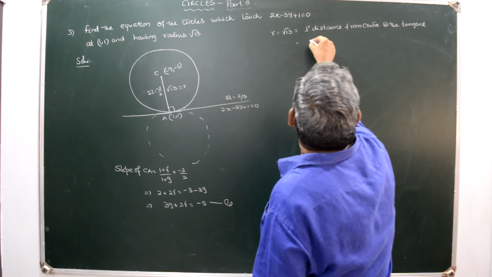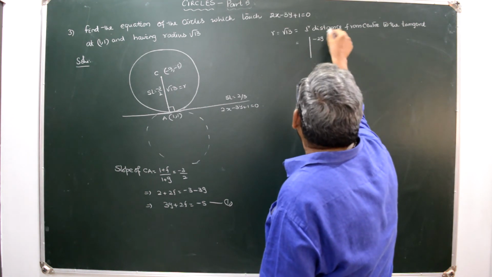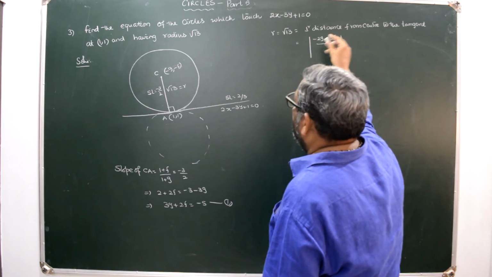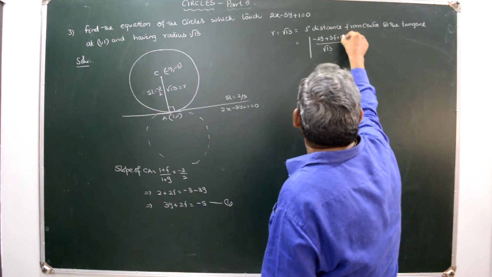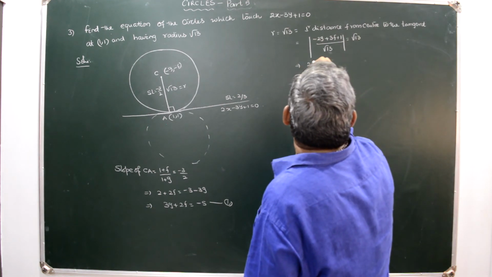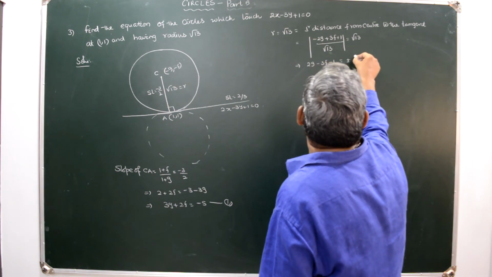Now you can say the perpendicular distance, (minus 2g plus 3f plus 1) by root 13, is equal to root 13. I mean 2g minus 3f minus 1 is equal to plus or minus 13.